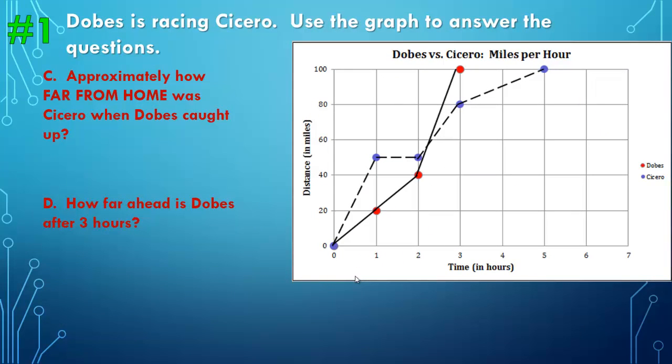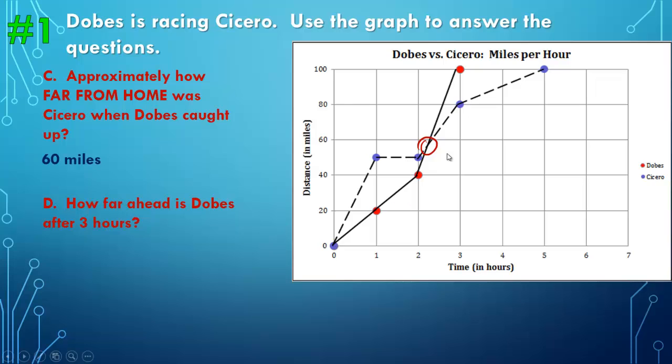All right, the final two parts. Approximately how far from home was Cicero when Dobbs caught up? So Dobbs is in red, and they caught up right about there. All right, so pretty close to, in between 50 and 60, I'd say. Well, 50 is right here, so in between 50 and 60 is where Dobbs actually caught up to Cicero.